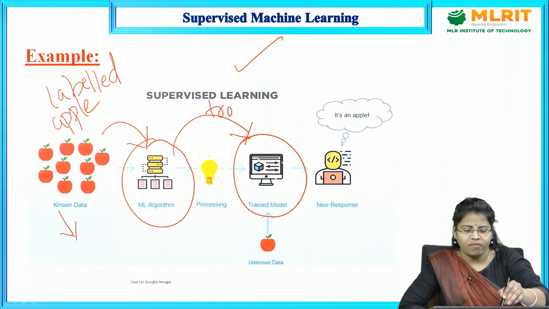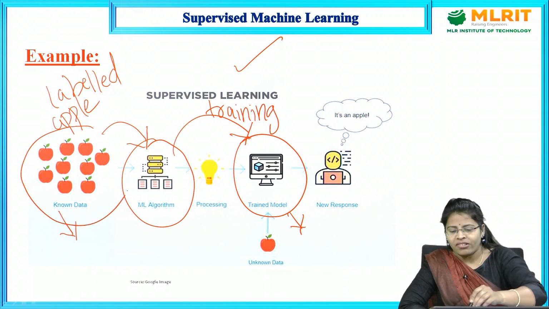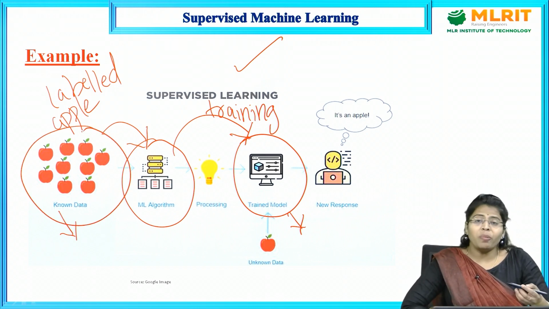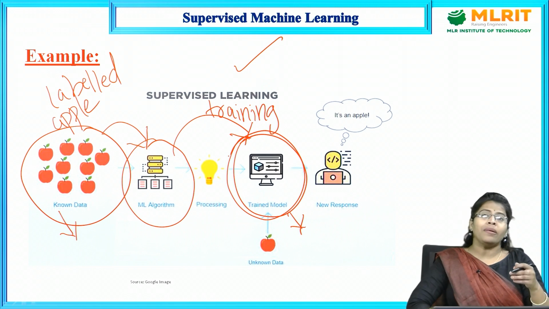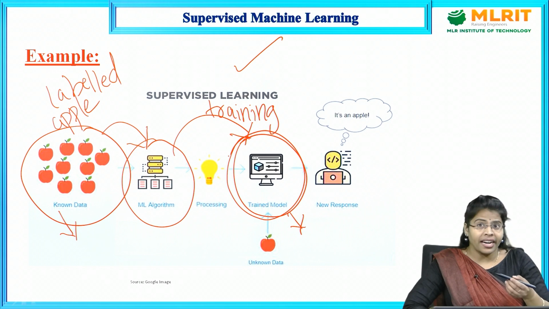With the help of the machine learning algorithm, we are going to train the model to detect all these apples, and to predict whether it is an apple or not. After giving training to the machine, if it is an apple, it detects apple. If it is not an apple, it detects not an apple. That's how we give training with the help of the machine learning algorithm.